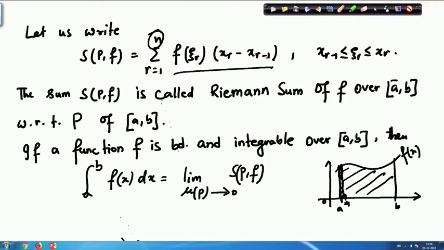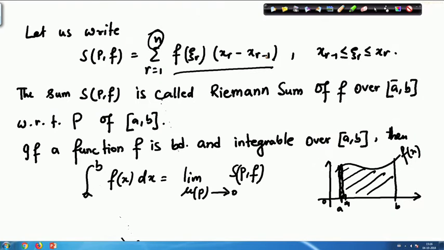So, you are actually dividing the integral from a to b of f(x) dx into a sum of the areas of a really large number of rectangles. And if you sum all those areas of rectangles, then that will give you the integration from a to b.